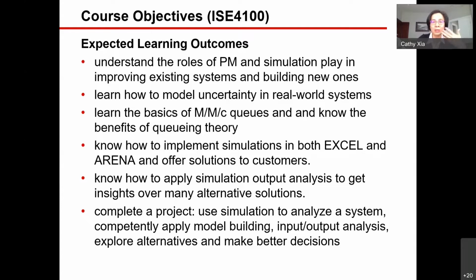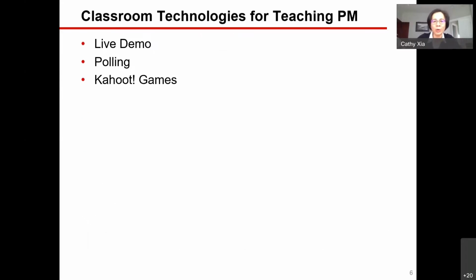Last year we had students build a simulation model for the whole COVID vaccine system, because right now at OSU we have a large-scale vaccine operation. We also had students simulate Amazon warehouses and inventory systems, and maybe other systems. So that's how we tie the students to the state of the art. But today we're going to share more about how we incorporate technology.